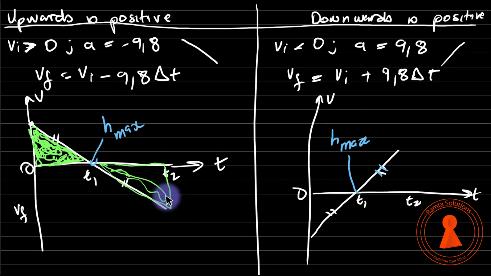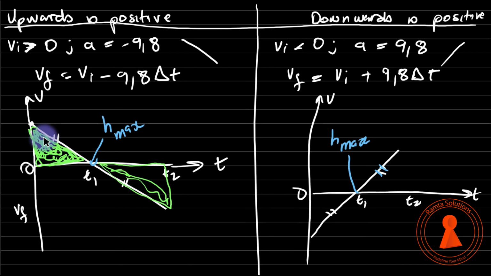Are you guys hearing me? Remember, displacement is the difference of the positions, but distance is the sum of the distances. So distance is the sum of this area and this one, while displacement would be this one minus this one.